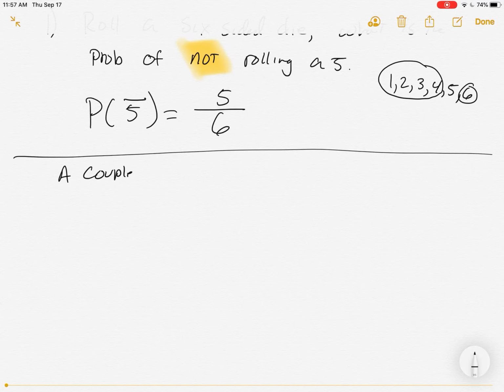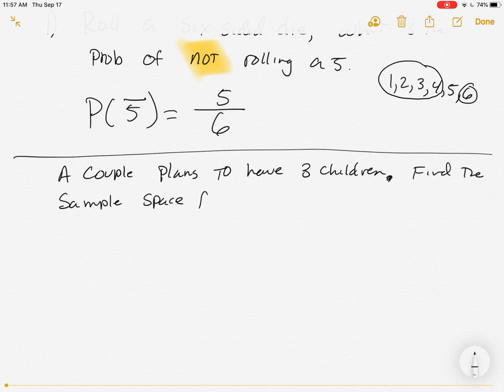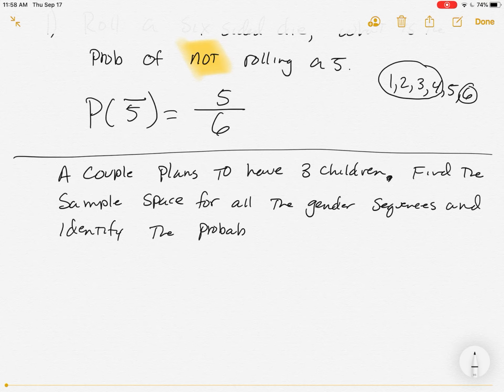A couple plans to have 3 children. Find the sample space for all the gender sequences and identify the probability of having exactly 2 girls.